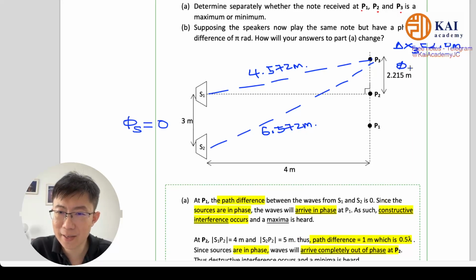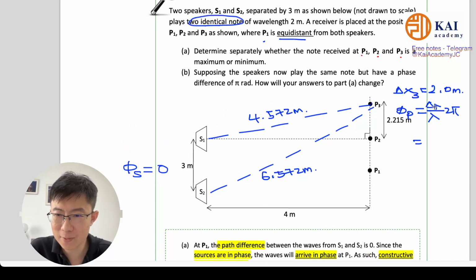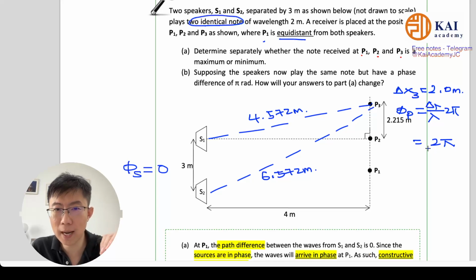If I calculate phase difference due to the path, that will be delta x over lambda times 2 pi, which is 2 meters over the wavelength of 2 meters, so that's 1 times 2 pi, a phase difference of 2 pi. Then you add a phase difference of 0. A phase difference of 2 pi, an even multiple of pi, is also considered in phase.